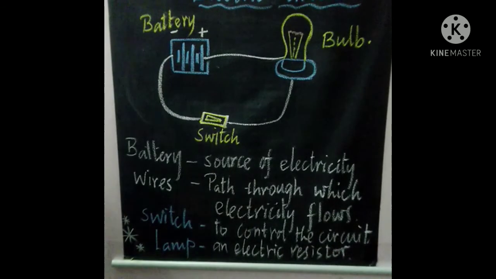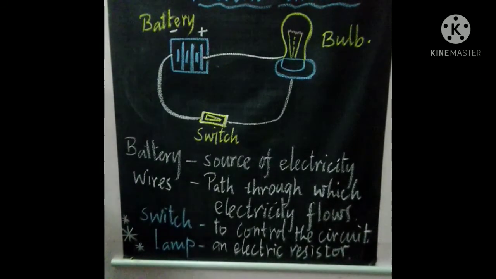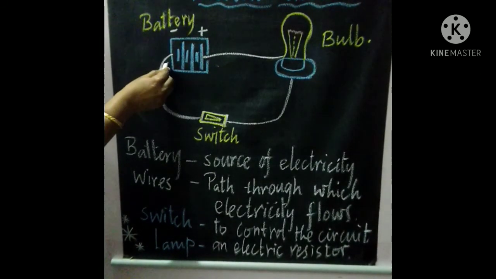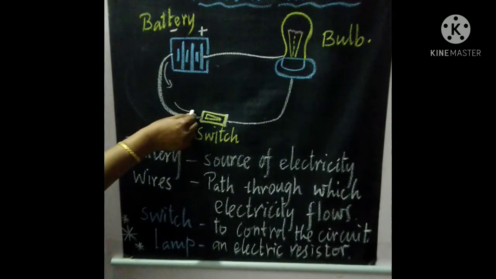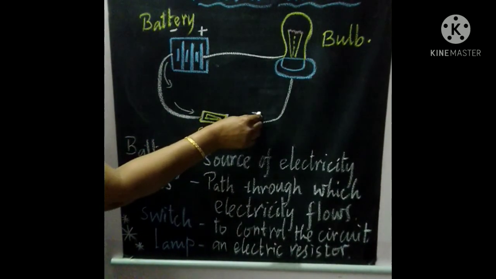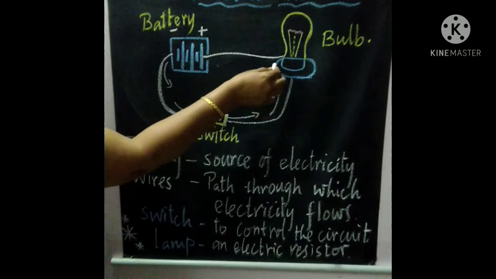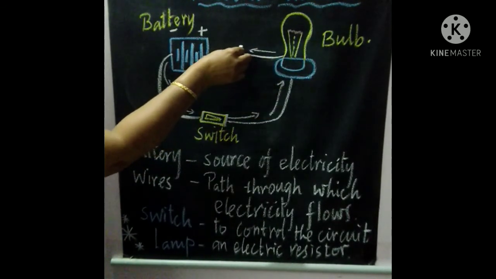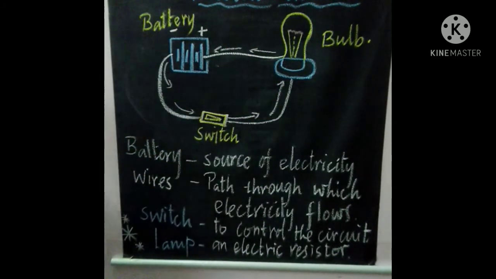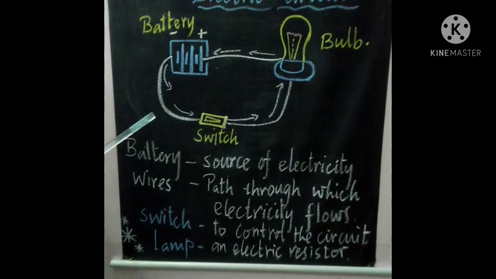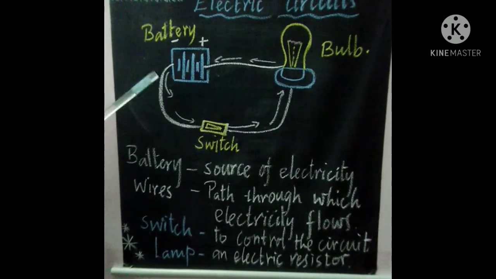When we switch on, the electrons start to flow in the path, reach the bulb, and finally move back to the battery. That is what makes it a complete circuit.